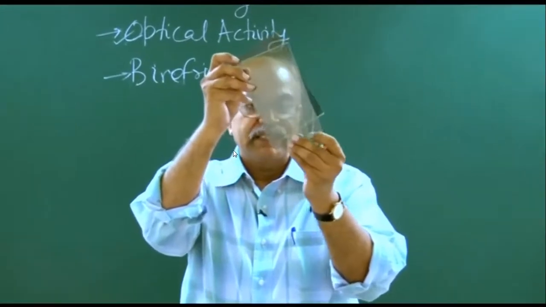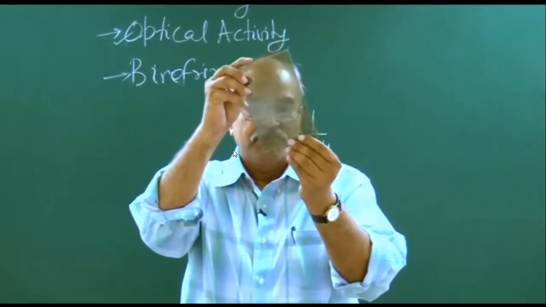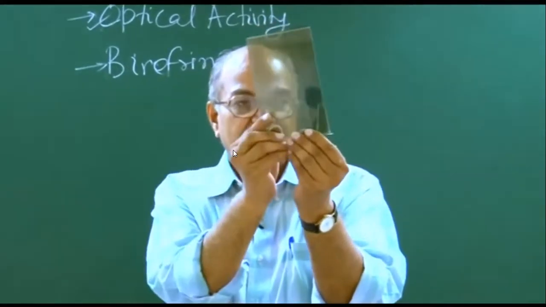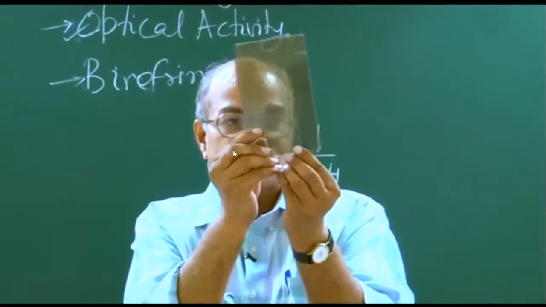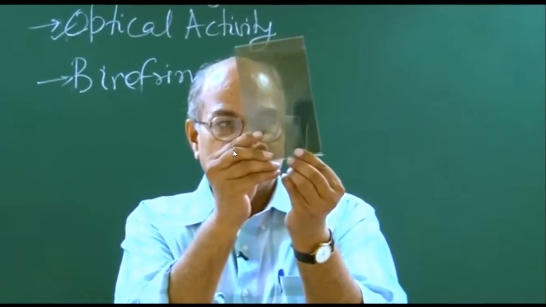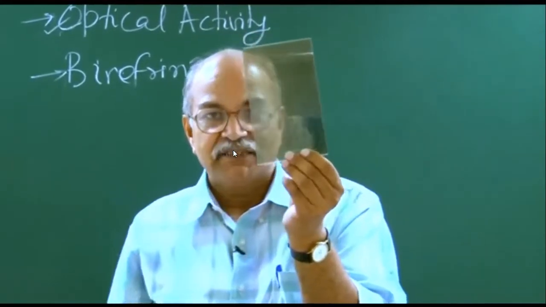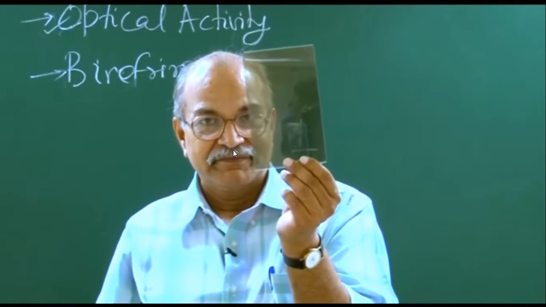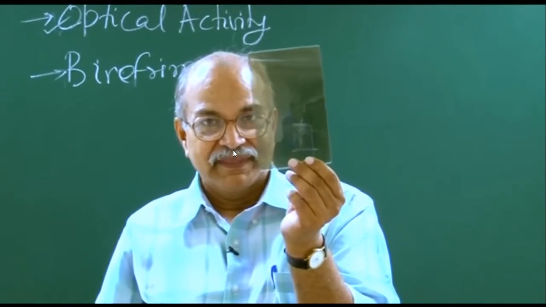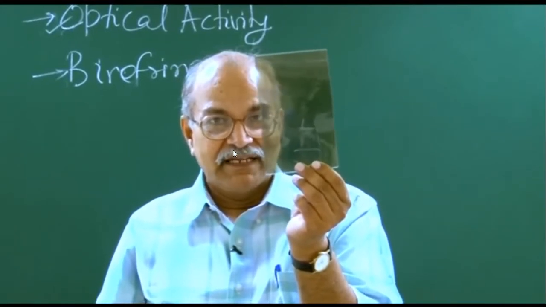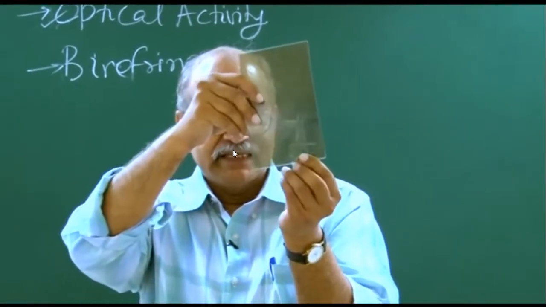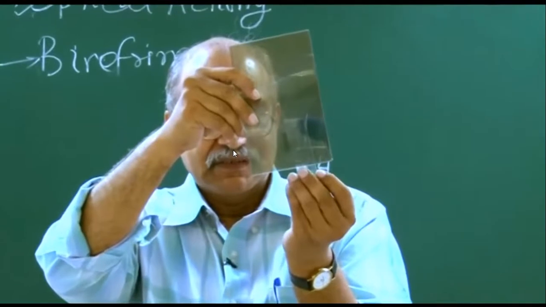So my glass slide is now between two polarizers which are parallel to each other. Perhaps you don't see much of exciting things. And now I am rotating this glass slide and see what happens.